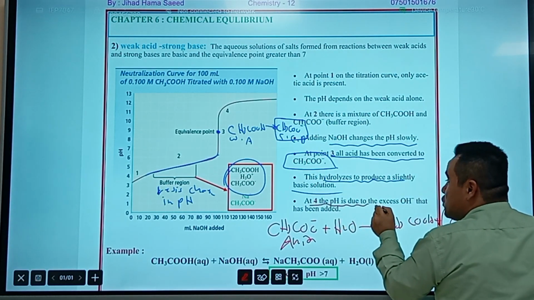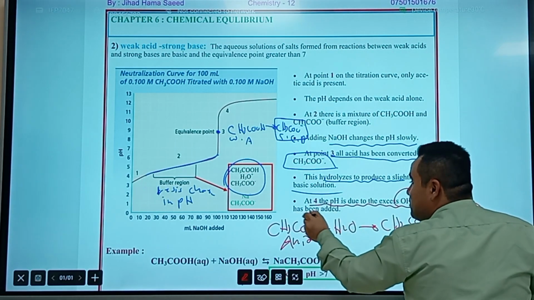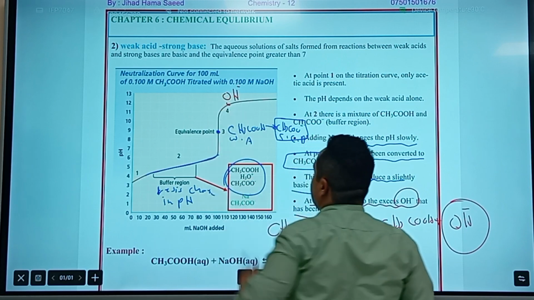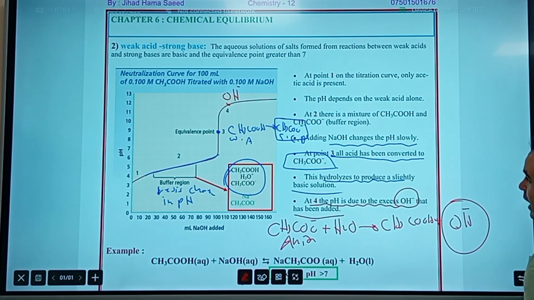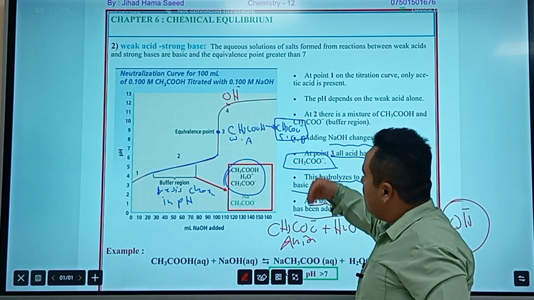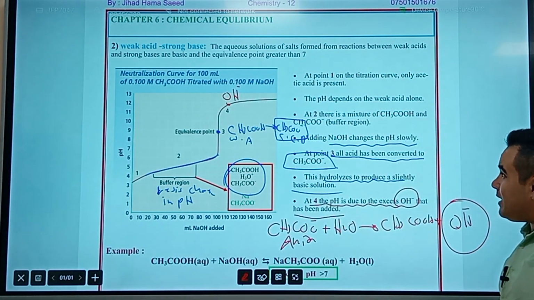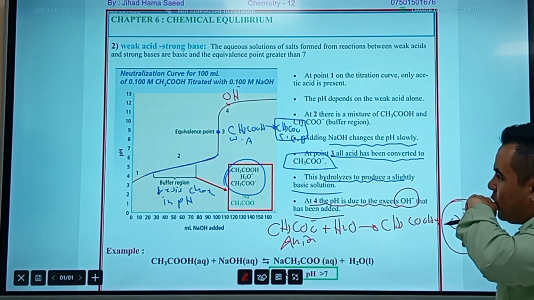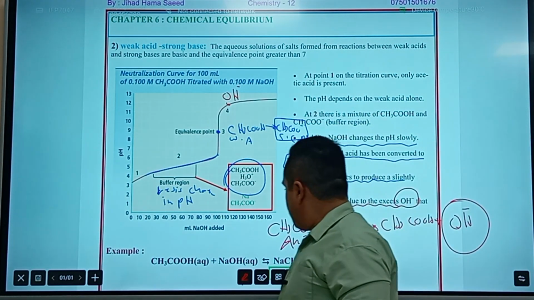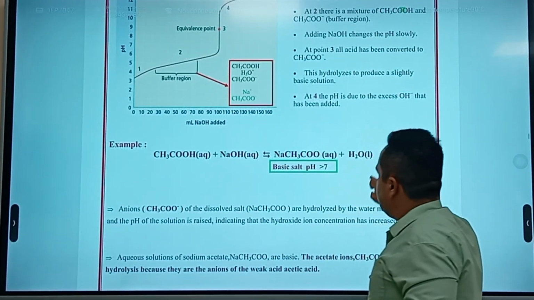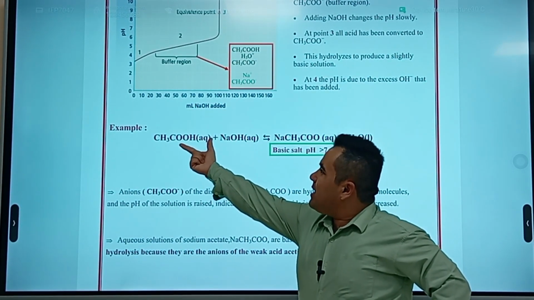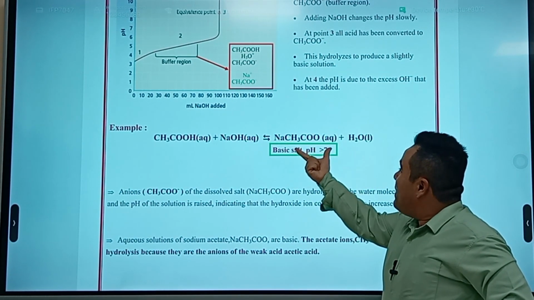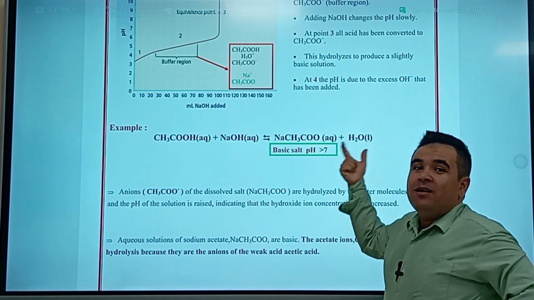At point 4, the pH is due to the excess of hydroxide that has been added. At this point we can determine the pH through the hydroxide added to the medium through the addition of sodium hydroxide, and through the hydrolysis of the acetate ion as well. So guys, a weak acid with a strong base will produce a basic salt. Why do we call it basic?